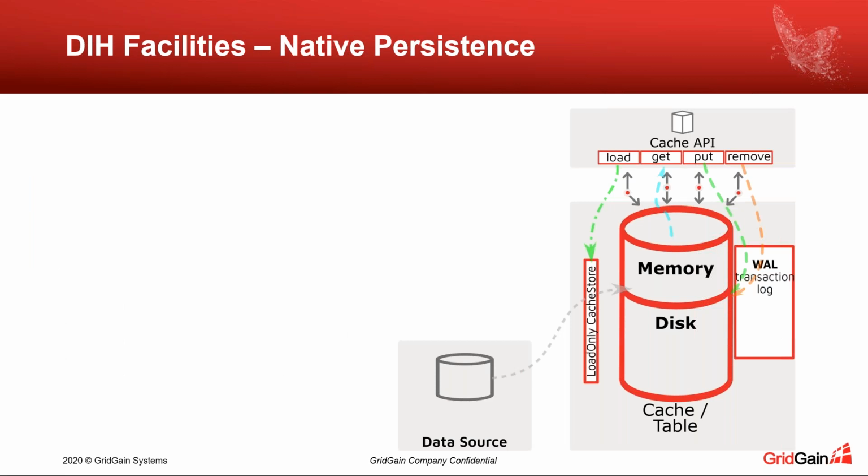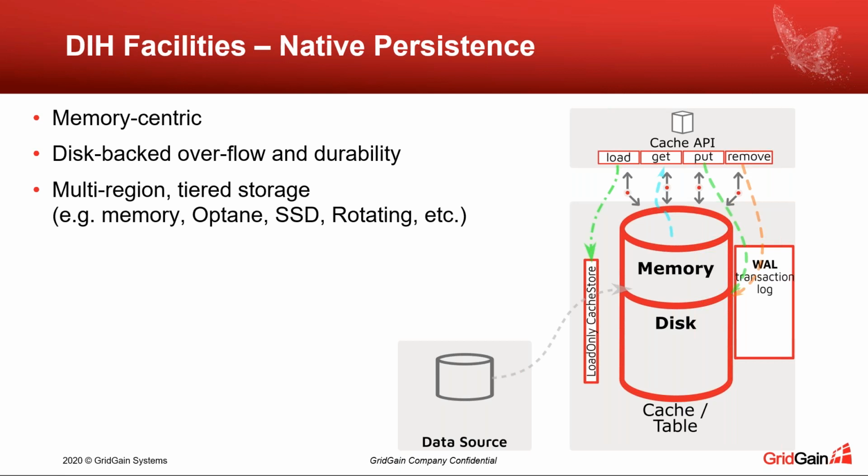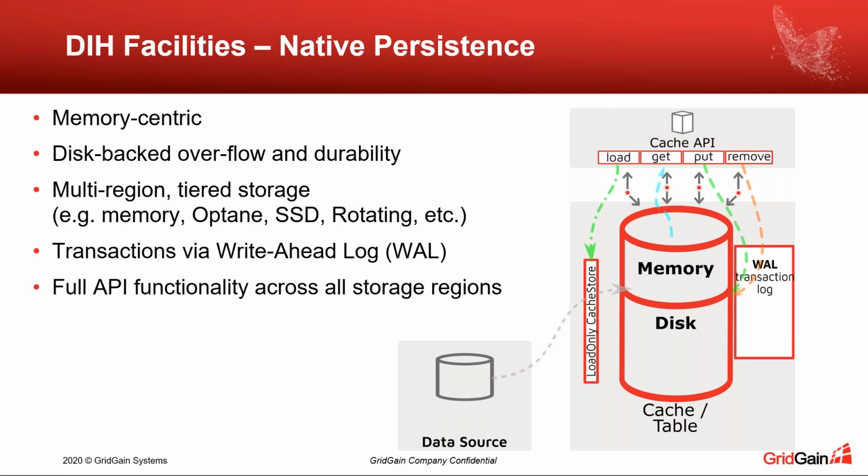Now, looking at the Ignite native persistence option, this is, as I said, a memory-centric or memory-first option that also has disk-backed overflow and durability. It supports multiple storage regions, delivering multi-tiered storage, and is fully transactional across all of those regions using a write-ahead log.